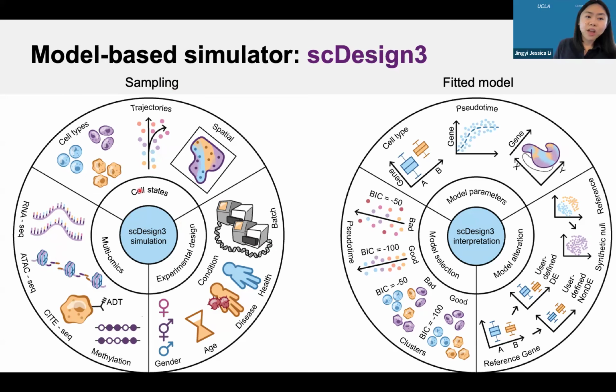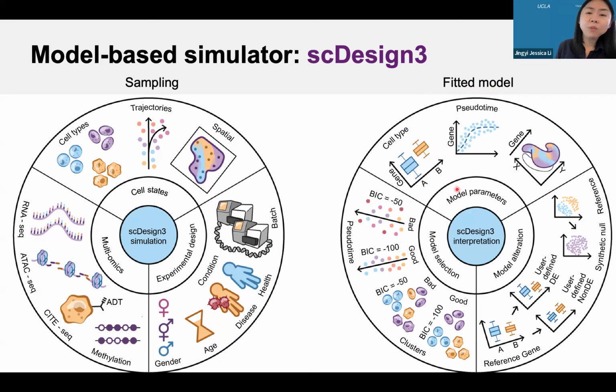For the cell states, we hope to generate discrete cell types, continuous trajectories, and spatial data. For the design, we want to allow for biologically valuable covariates like gender, age, disease, health as conditions, or unwanted batch effects.